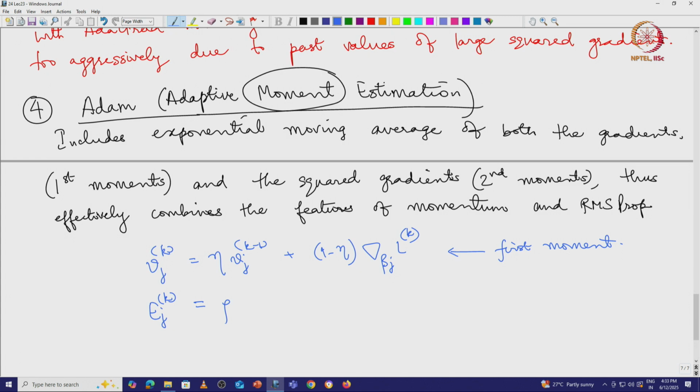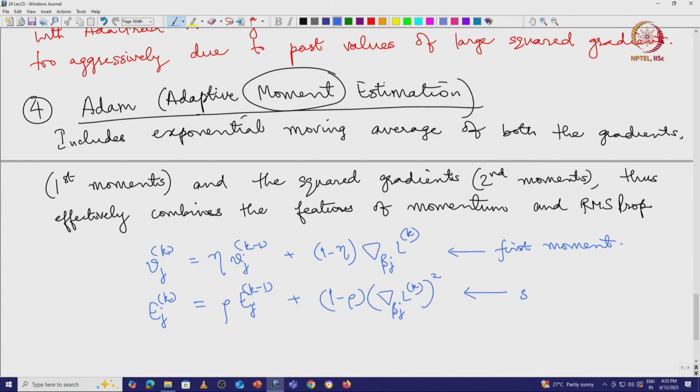So, that is rho times Ej at the k minus 1th iteration plus 1 minus rho times the gradient of the loss function versus the parameter Bj at the kth iteration whole square.